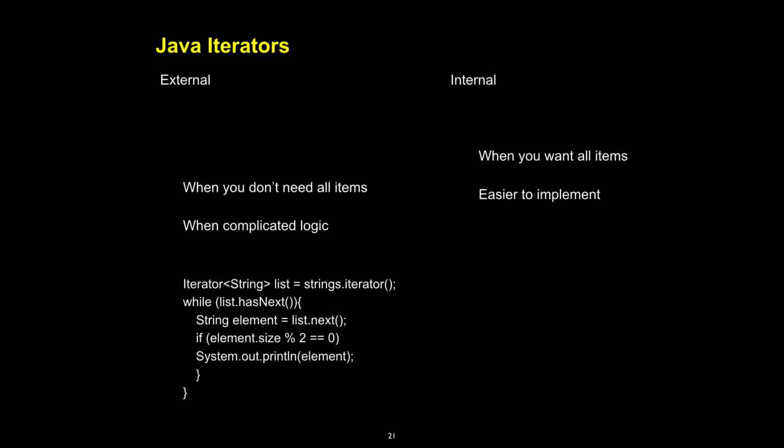Now, I find most of the time I just use the internal iterator. In Smalltalk, you rarely use the external iterator. Why? Because there's an internal iterator. If you just want to find the element, there is an internal iterator that does that for you. You tell it that when this is true, you're done.